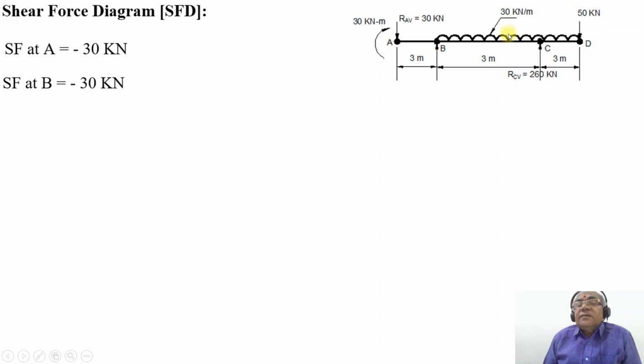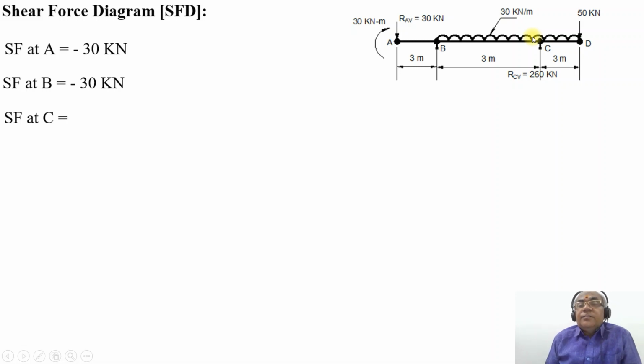When you are considering SF at the point C, we have two loads acting. One is the vertical reaction RCV, which is equal to 260 kilonewton, and the other one is the UDL, which is acting till the point C. If you are considering the section just on the left hand side of C, you will consider only up to the UDL.